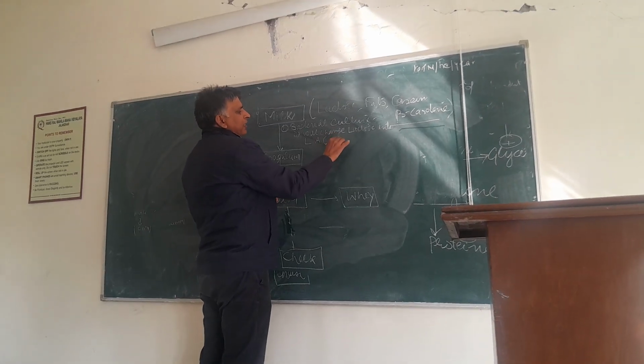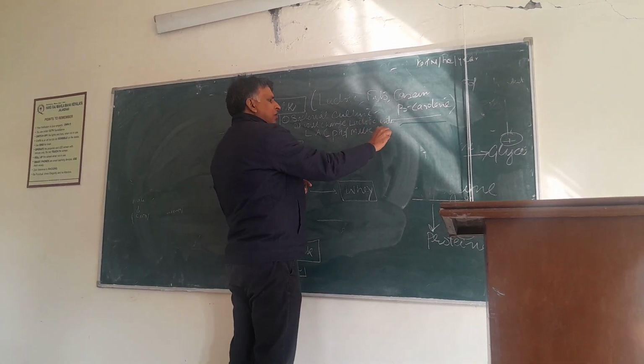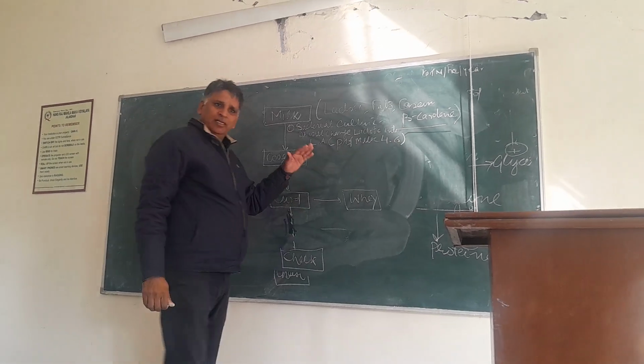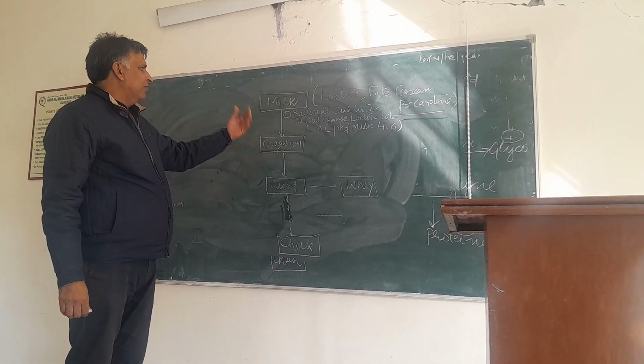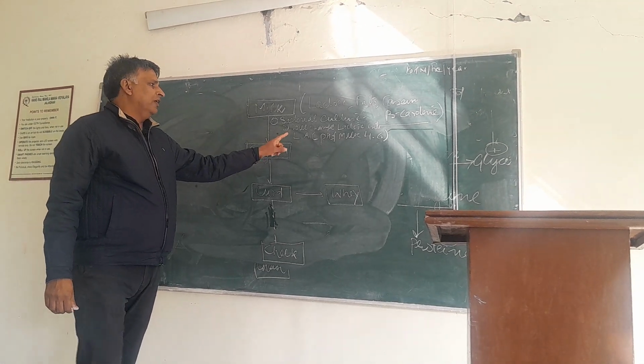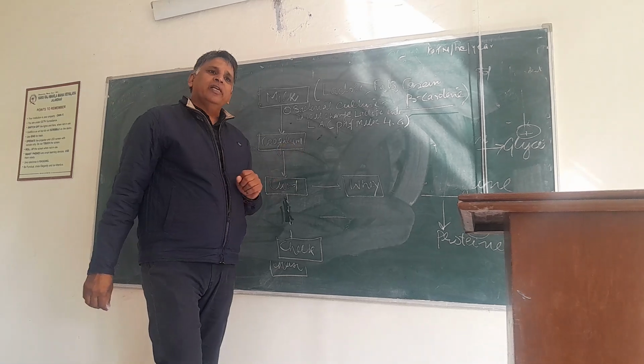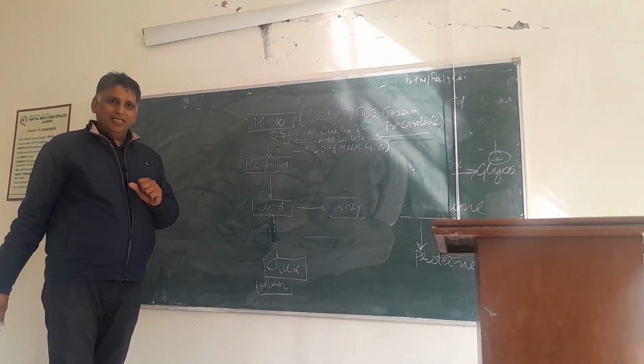The pH of milk will now be around 4.6. It becomes slightly acidic. Otherwise milk has a pH around 7. But due to the bacterial culture and conversion of the sugar lactose into lactic acid, the pH of the milk slightly comes down and it becomes acidic.